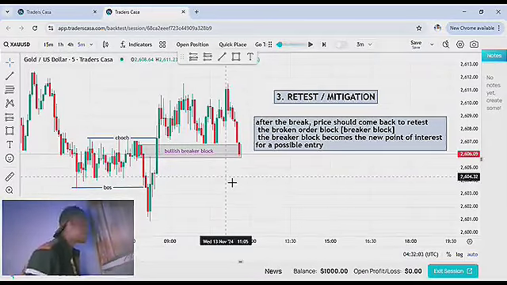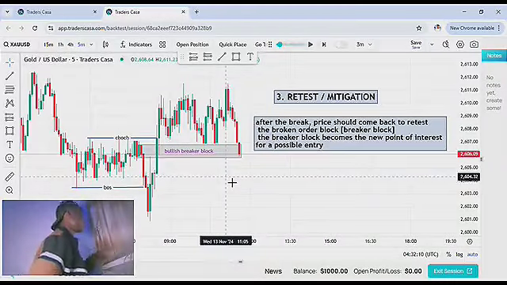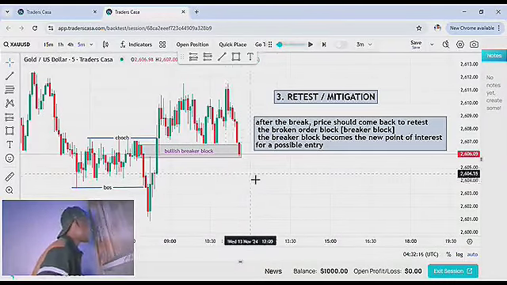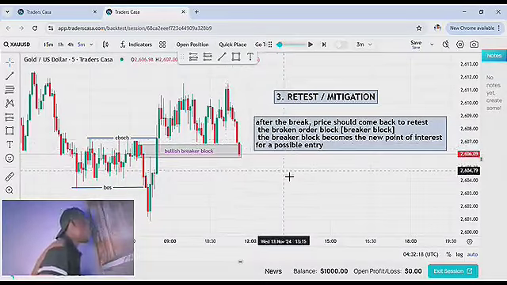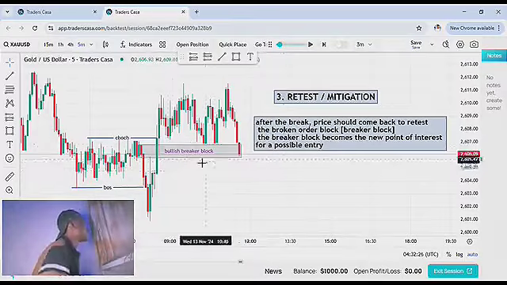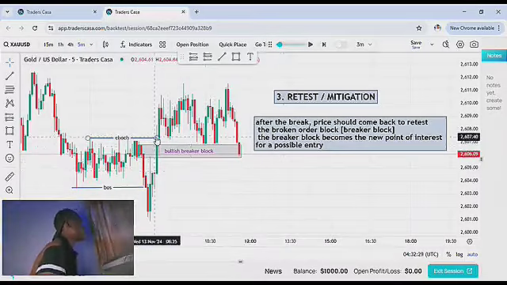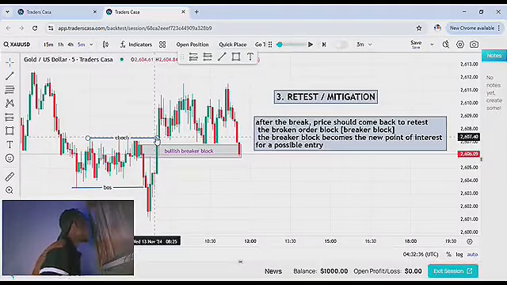It is now a new point of interest where you can possibly get into the upcoming trade. After the break of structure, price should come back to retest the broken order block, which has become the breaker block. The breaker block becomes the new point of interest for a possible entry.